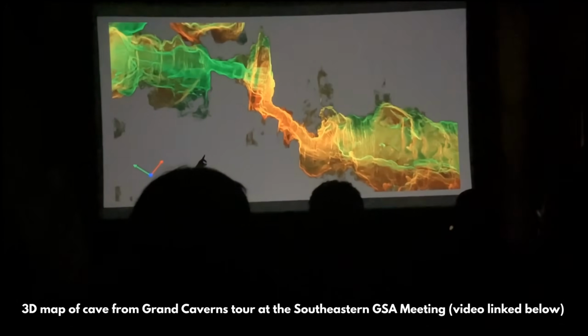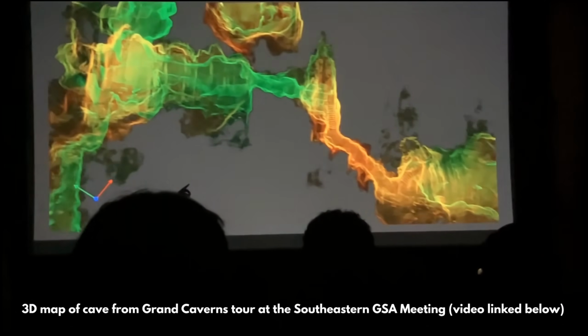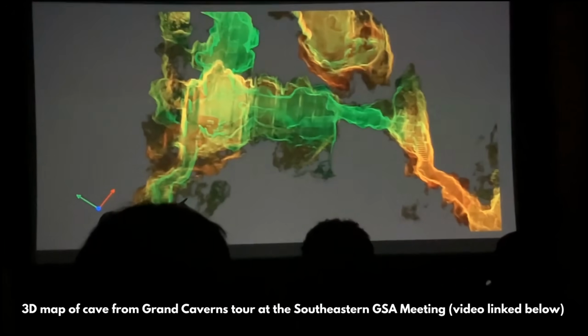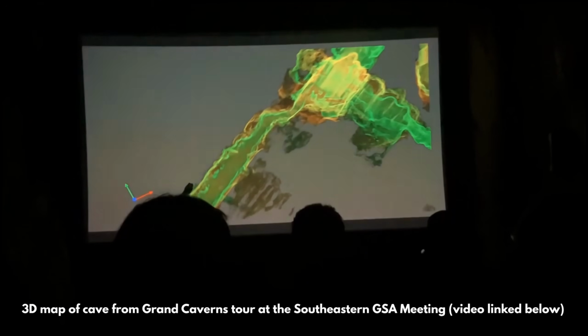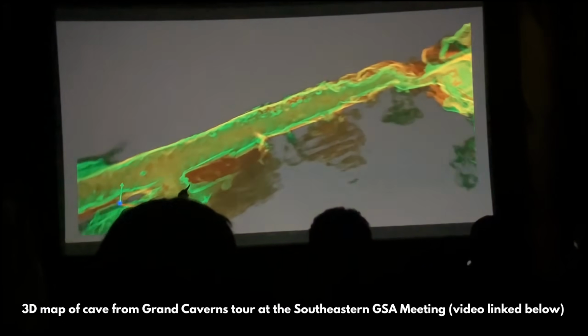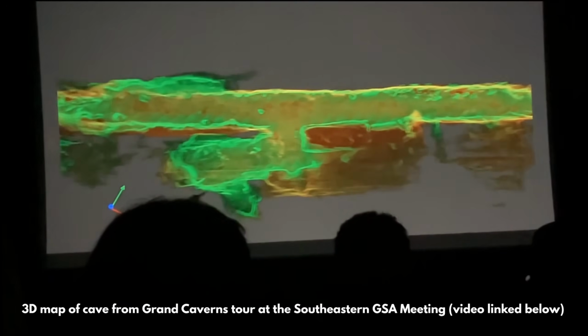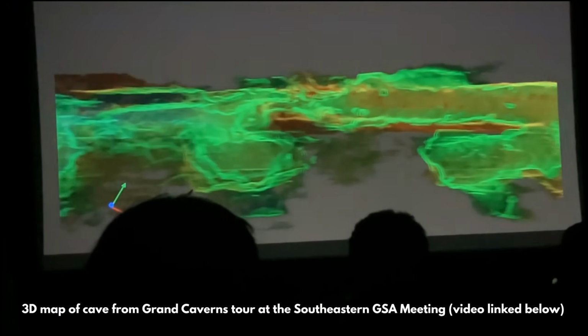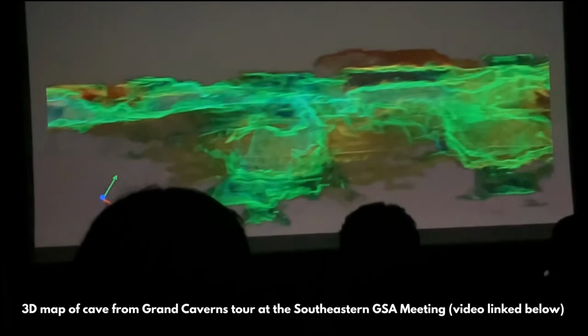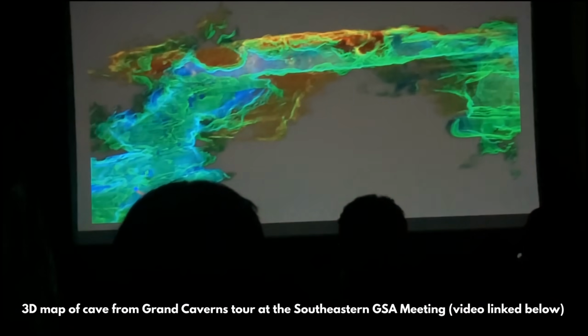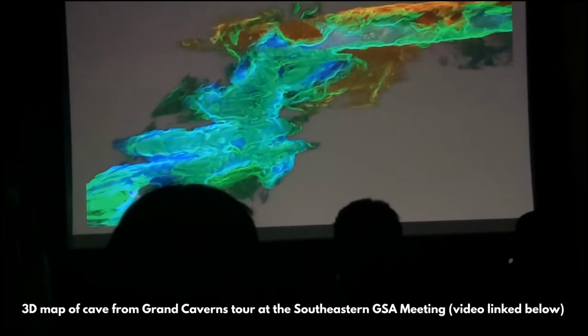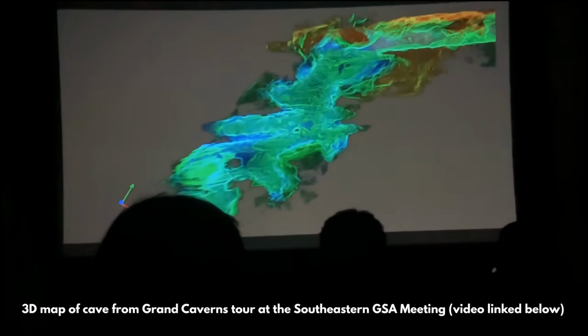They're diving into the caves and mapping them to not only understand, okay, well, one, these caves are really cool and we want to go into these caves and see where they go, but also how do they affect water flow? How do they affect our drinking water? So where is this water moving? How does it move through these conduit systems? How do contaminants travel through? How do these different water sources mix in these caves? There's all of these different questions that you can ask about your water resources through caves.